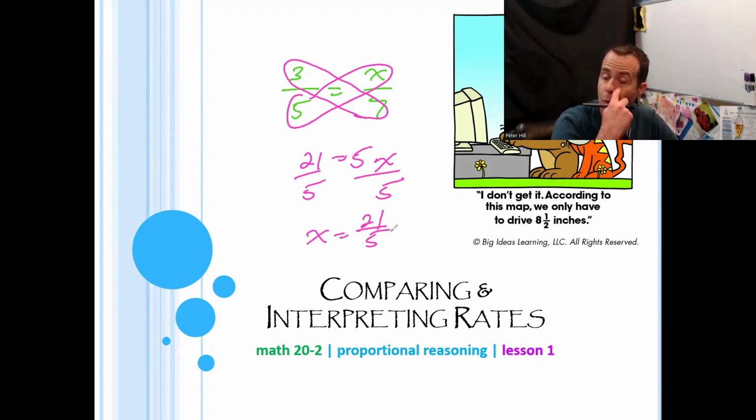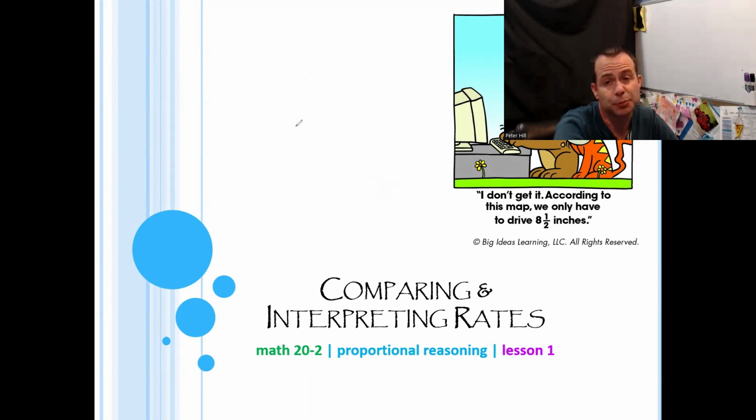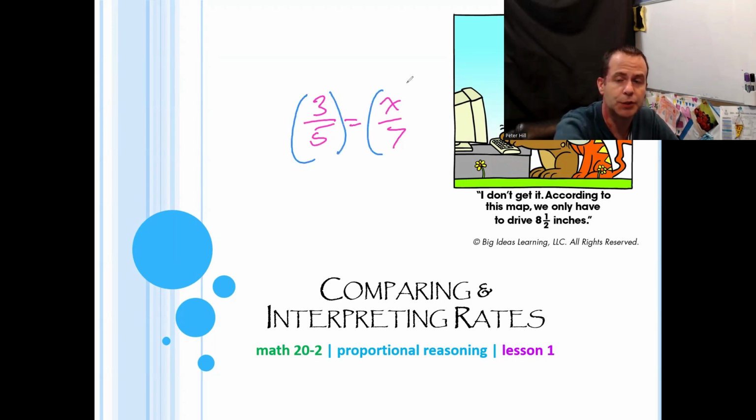Now, why can I do that? Well, it's because algebraically, this is what's happening. If I just went 3 over 5 equals x over 7, I would want to multiply both sides by 7 to get rid of that 7 there, right?